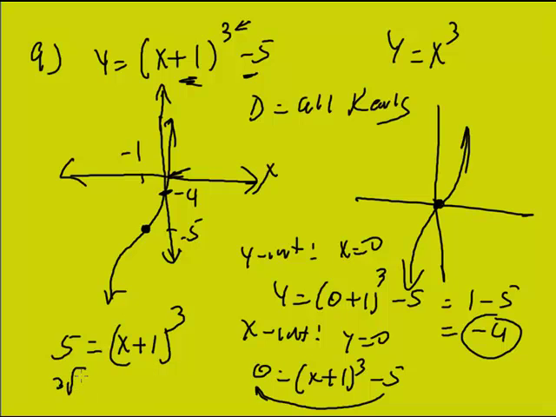Cube root of 5 is equal to x plus 1. And I have to subtract 1. So the x-intercept turns out to be x is equal to negative 1 plus cube root of 5. And you can leave it like that. You don't have to convert it into a decimal.